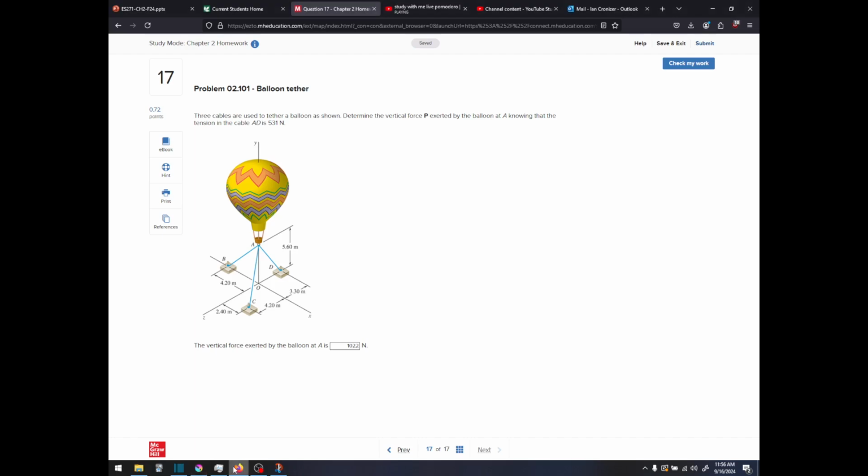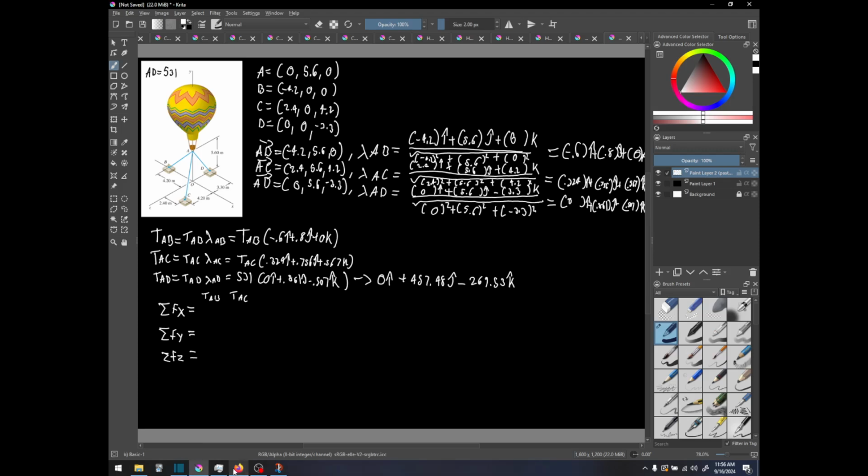Vertical force of the balloon at A. There's a vertical force P. So we're going to have negative 0.6, 0.8, and then we're going to have 0. TAC. 3, 2, 4.